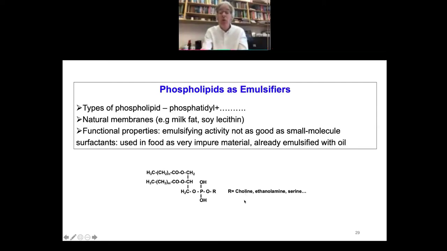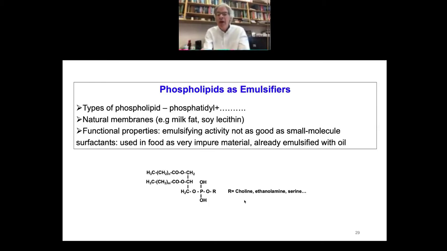So phosphatidylcholine, phosphatidylethanolamine, these are the natural phospholipids that are present in things like milk fat and like the lecithins, the plant or vegetable lecithins. So soy lecithin, for example, is fairly high in phospholipid.